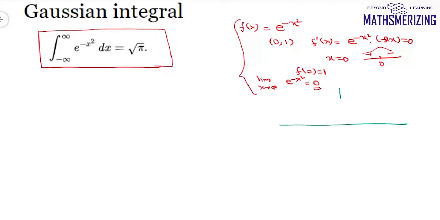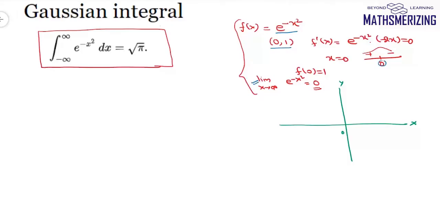So that's your x-axis and y-axis. About this graph: it will be symmetric about the y-axis, it will intersect the y-axis at (0, 1), and it will have a local maximum at x equal to 0. At minus infinity and plus infinity, it will be 0.